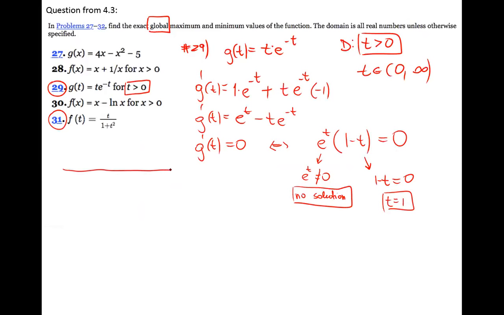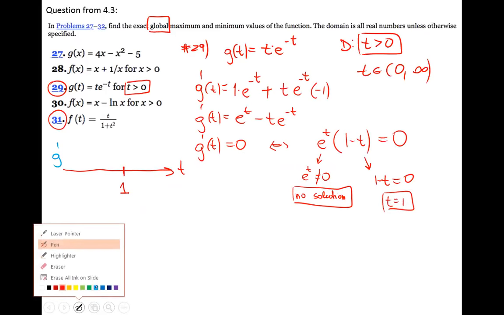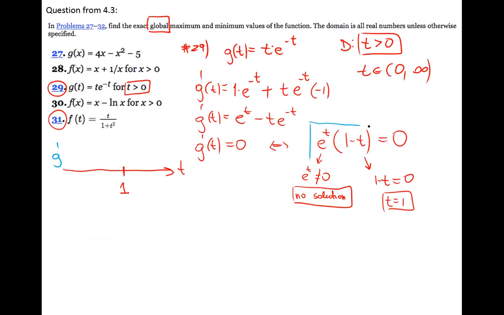Let's test it. I will put g prime, and I am testing 1. And which formula I will test? I believe this one is good. That's G prime. If I put 2, 1 minus 2 is negative because e to the negative t is always positive.